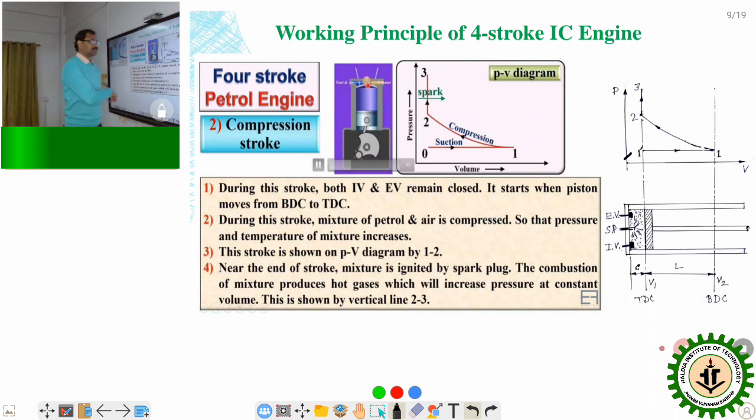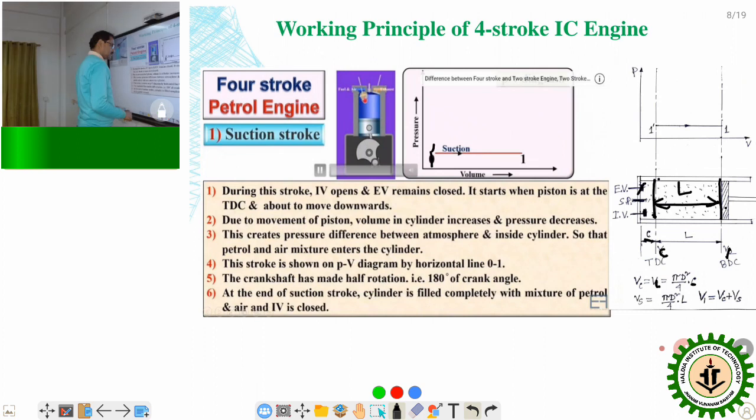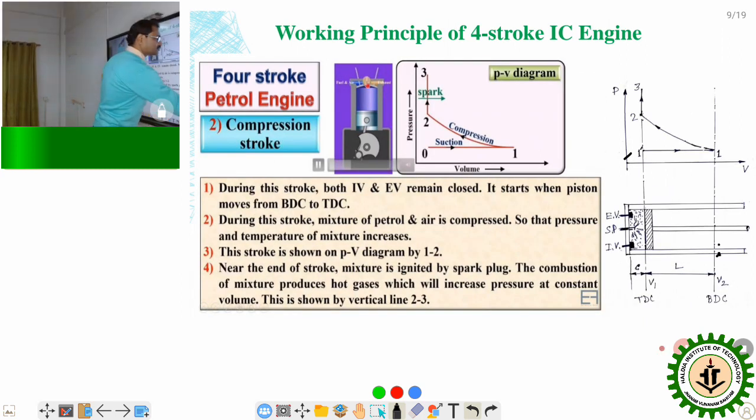First, in the intake, the piston moves from top dead center to bottom dead center, and next from bottom dead center to the top dead center. Then the total volume, that is V1, and this is V1 dash.